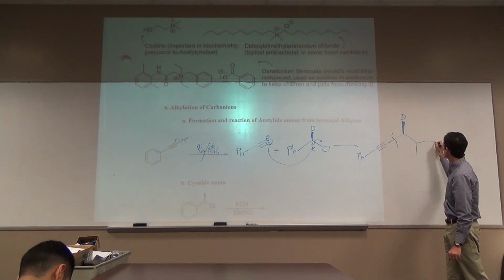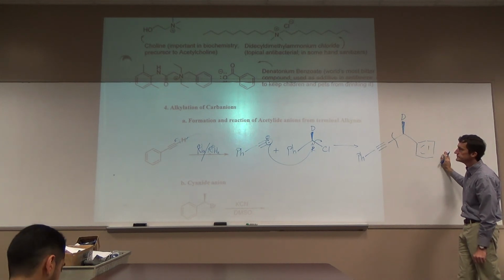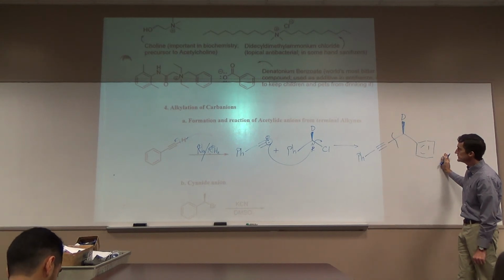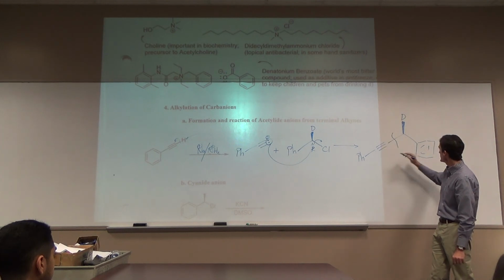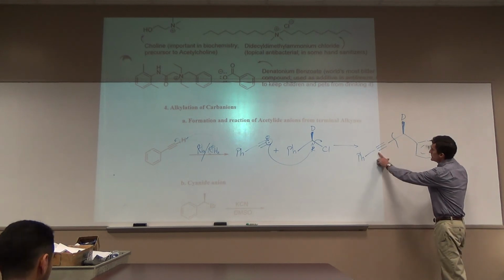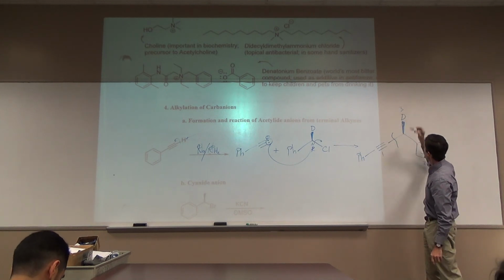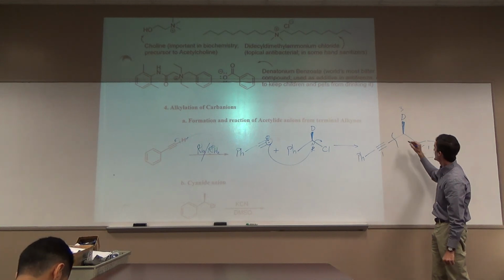Phenyl is this. Oh, that's actually tough. What has higher priority? Deuterium and hydrogen? I believe this is higher priority, because this carbon has 3 bonds to carbon, that carbon has 3 bonds to carbon. You go to the next carbon, this carbon has 3 bonds to carbon, and this one has a bond to an H. So that's 1, 2, 3. Right, that's S. Okay.